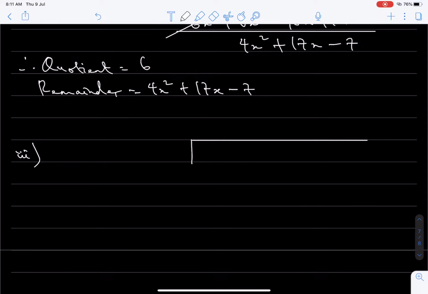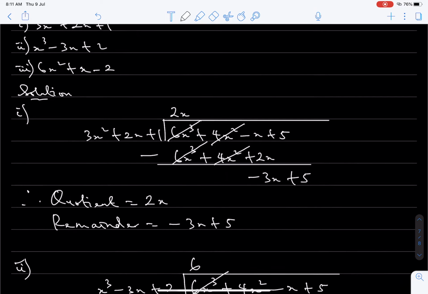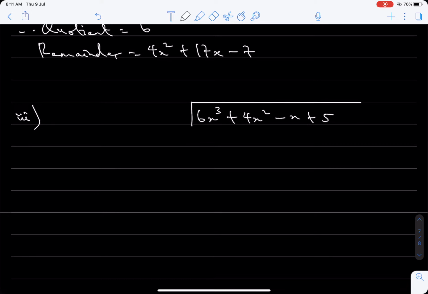That's the same method. Dividend, which is 6x raised to the power 3 plus 4x squared minus x plus 5. This time we're dividing it by 6x squared plus x minus 2.